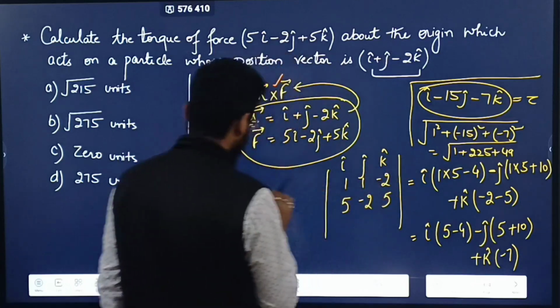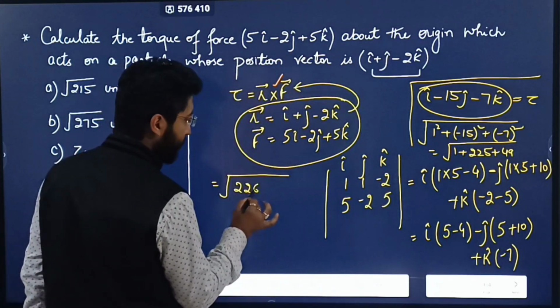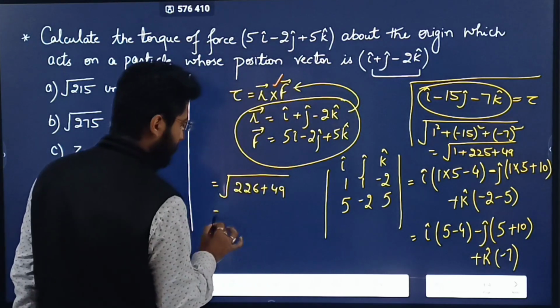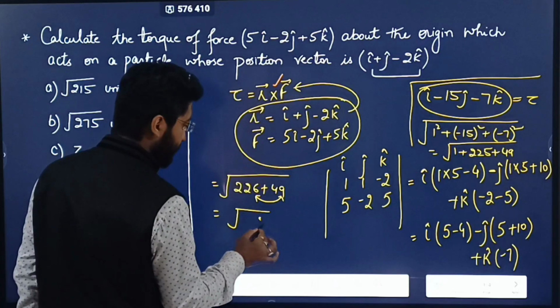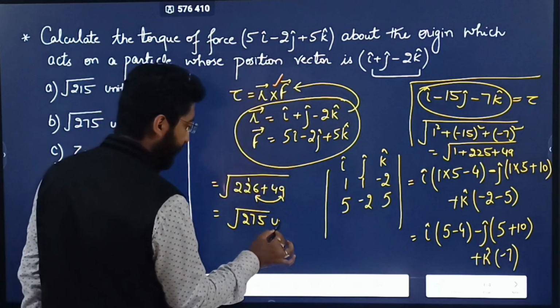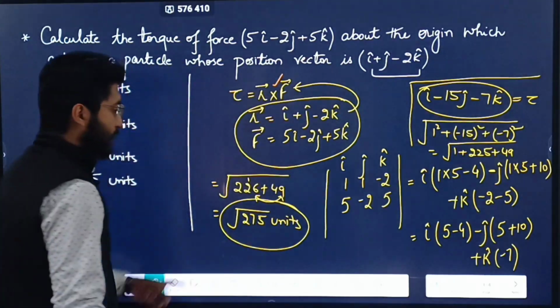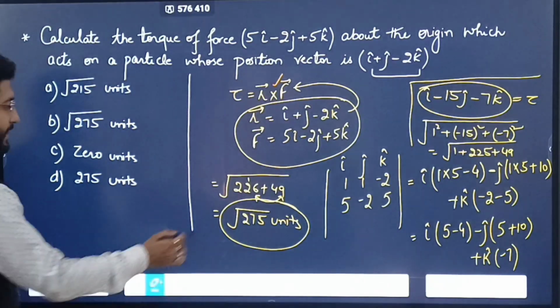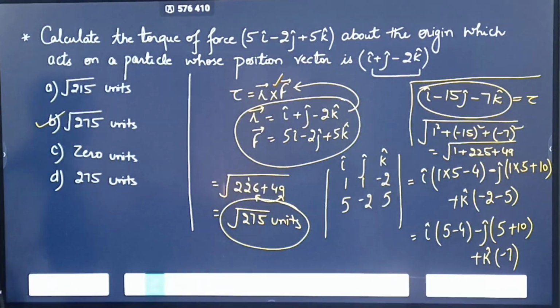By adding this, we get 226 plus 49, which is 275, and we get the magnitude of the torque as root 275, and from the options we get the answer B as correct.